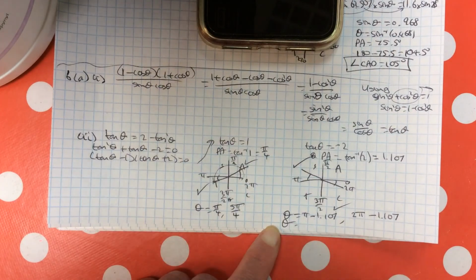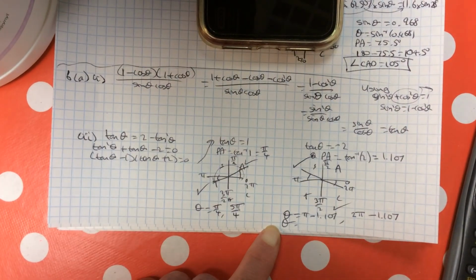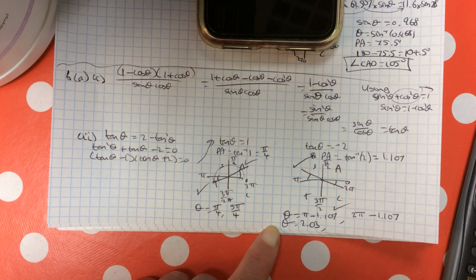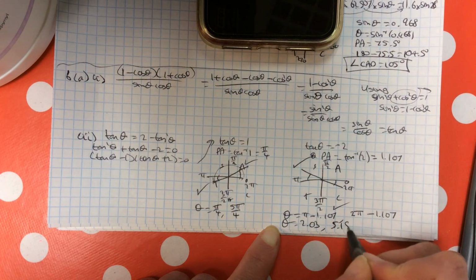So this one here, we just put it into the calculator. So pi minus 1.107 gives me an answer of 2.03. And the second one, 2 pi, take away 1.107, gives me an answer of 5.18.